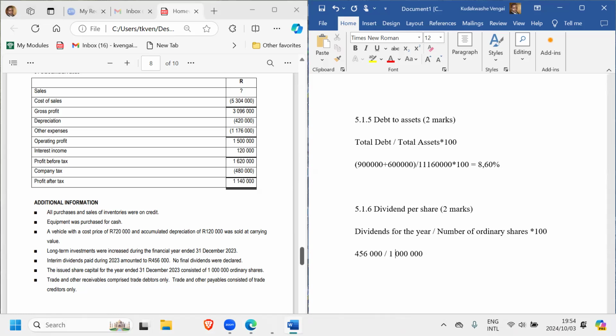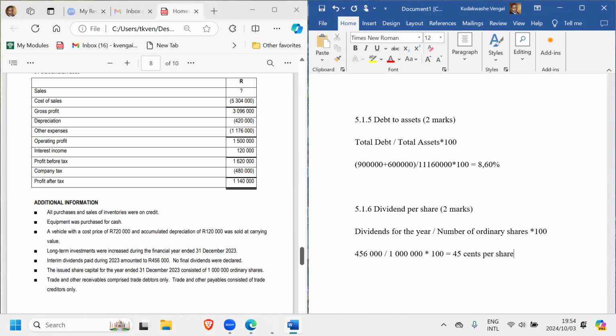Don't need to change anything. So that's 456 divided by 1 million, and then multiply by 100. So your answer is going to be 45 cents per share.